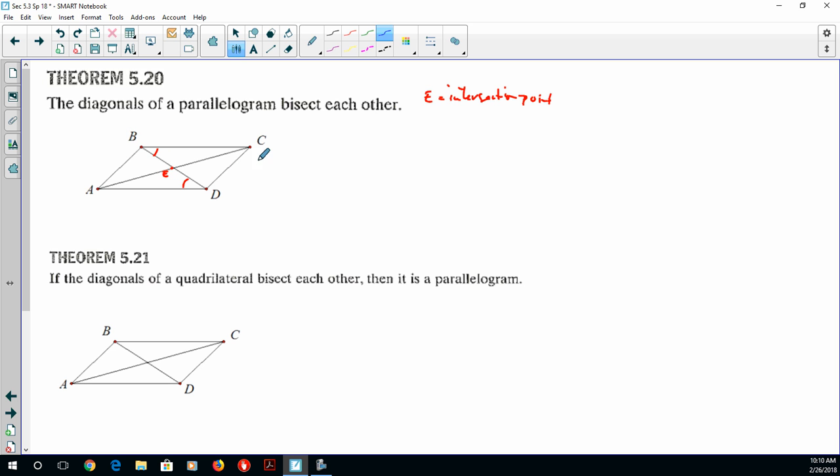Okay. So we know that angle CBE, and I'm not going to go all the way to D here, is congruent to angle ADE. Let's see. And we also know, there are so many different ways of doing this, that this angle and that angle are congruent.